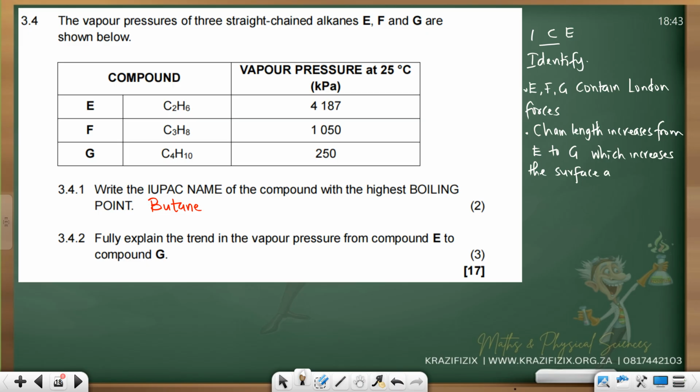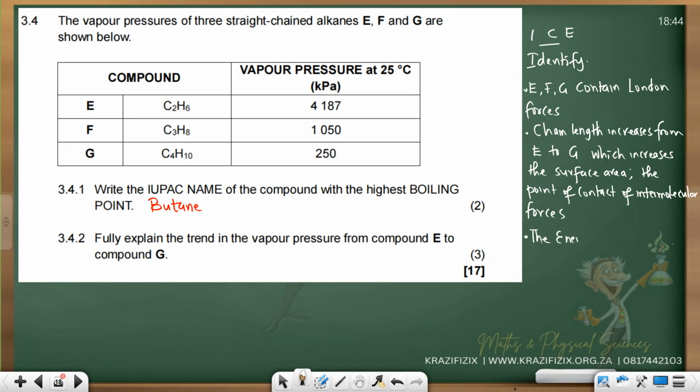In fact, if you want to show them that you know chemistry, the point of contact of intermolecular forces increases. When I say point of contact, when I add another carbon, that's a point of contact. When I add another carbon, another point. So as chain length increases, the point of contact will also increase. So can we conclude?